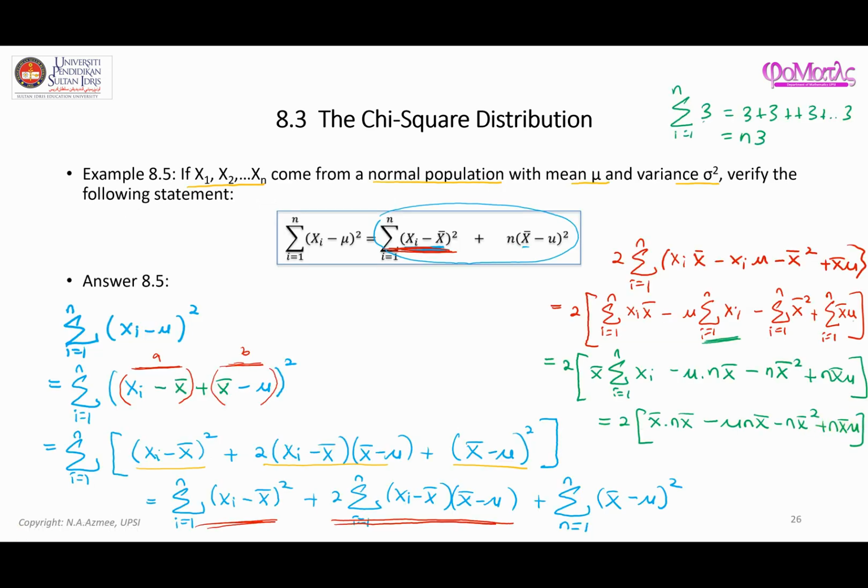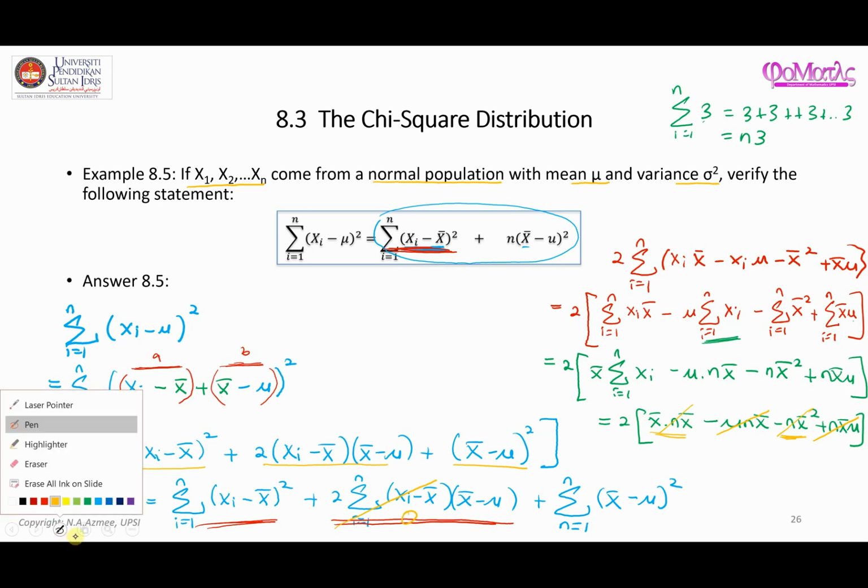Therefore, you can see that n x bar mu can be cancelled with minus mu n x bar. Negative n x bar squared and positive n x bar squared can be cancelled out as well. So this part here is going to become 0.